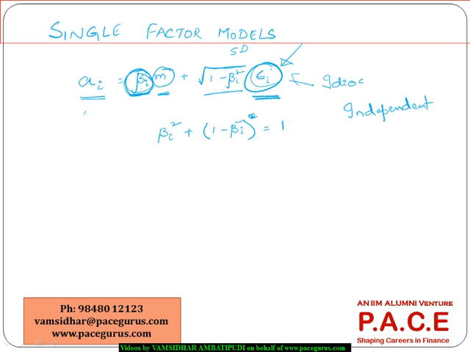So whenever we are talking about the correlation between two pairs, because of the independence, the correlation between the two individual asset returns will always become beta_i times beta_j itself, because they are independent. Their correlation is nothing but the product of their individual correlations.